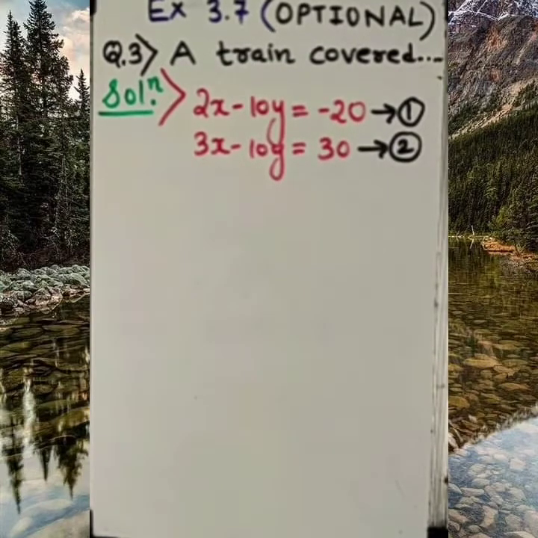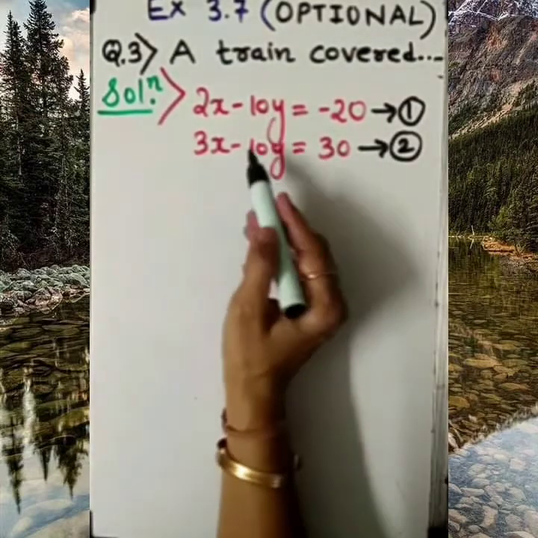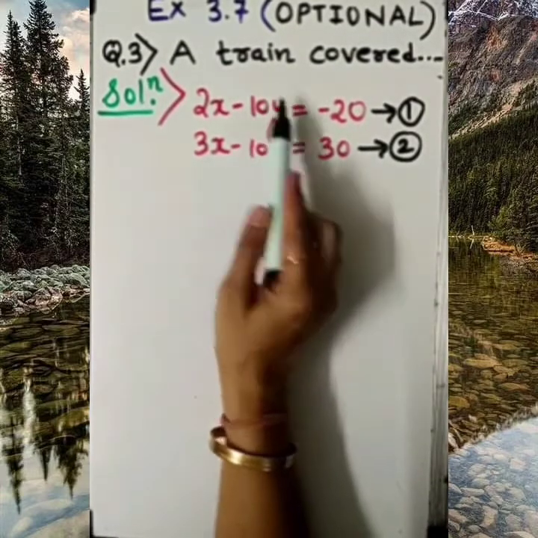So dear student, these are the two equations we have gained after solving case 1 and case 2: 2x minus 10y equal to minus 20, and 3x minus 10y equal to 30. In these two equations we can eliminate y.